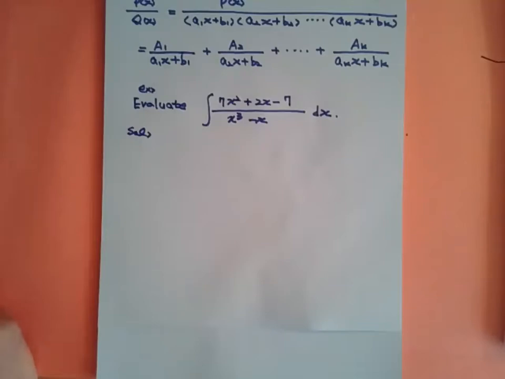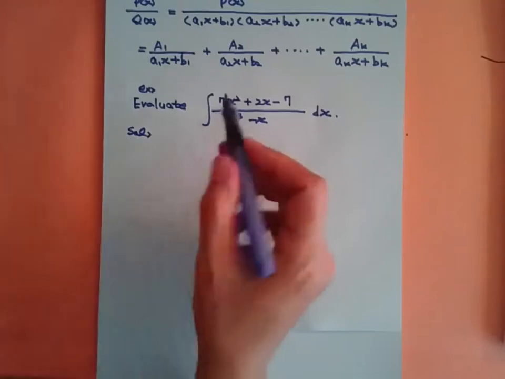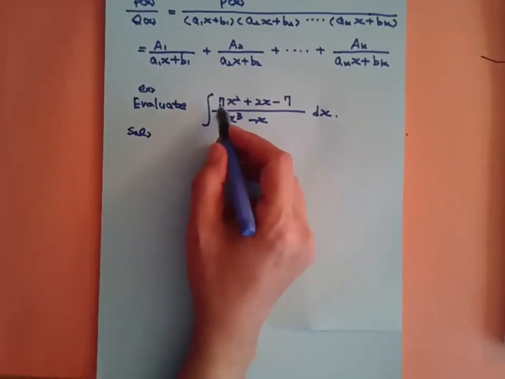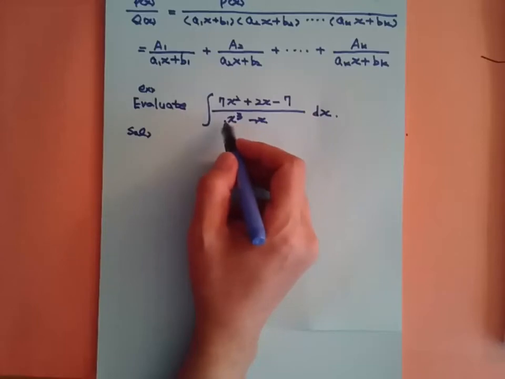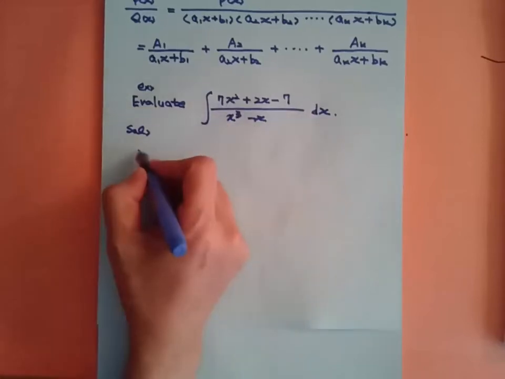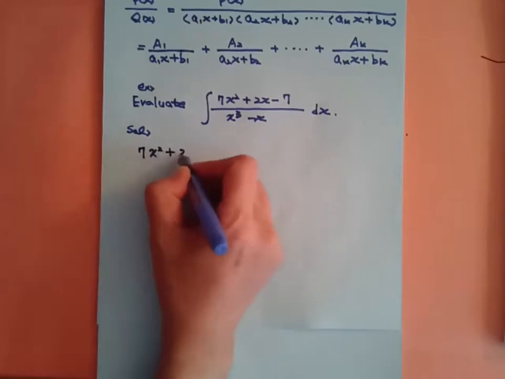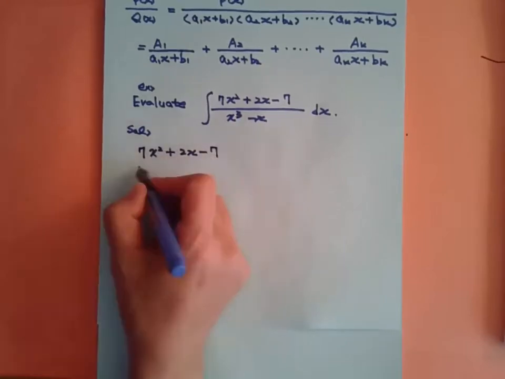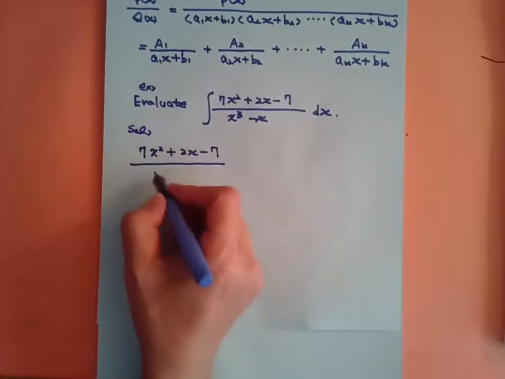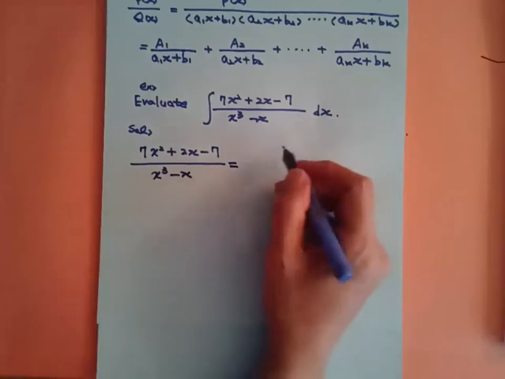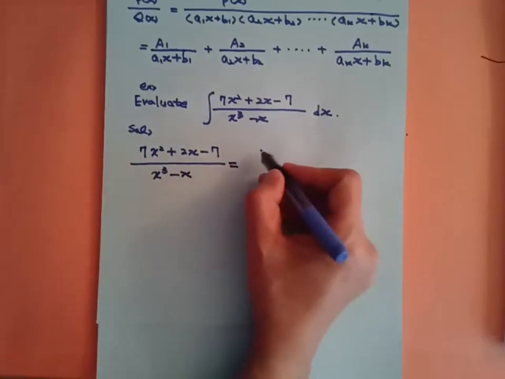The first thing we observe is the degree of the numerator and denominator. The degree of the numerator is 2 and the degree of the denominator is 3. So in that case, we don't go through long division. Instead, we will factor the denominator.